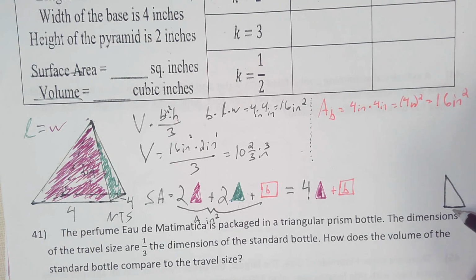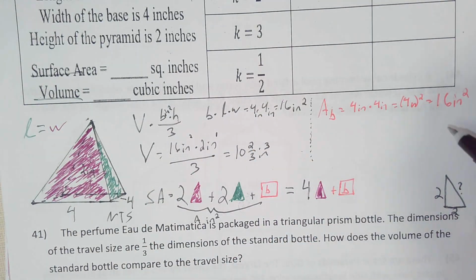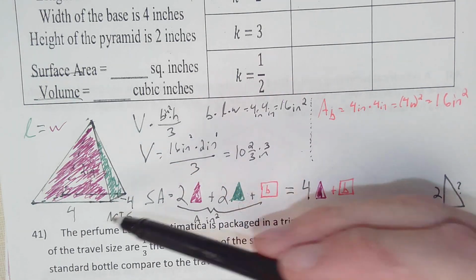Okay, it would be 2 this way, and it would be 2 this way, right? And then we're trying to figure that length out in order to solve for the quote-unquote height of the triangle, right?